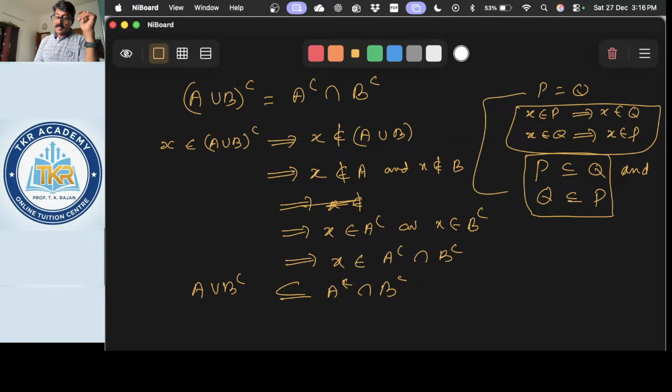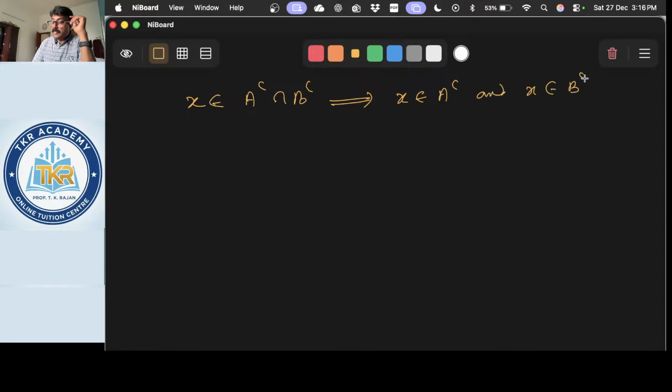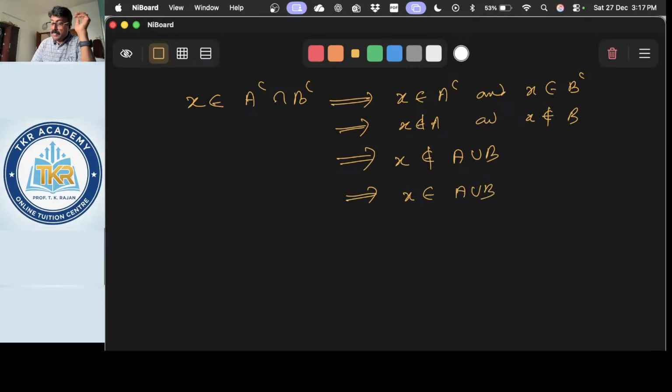You take X in A complement intersection B complement and show that X is in (A union B) complement. Okay. Now let us take X in A complement intersection B complement. This implies X is in A complement and X is in B complement. This implies X is not in A and X is not in B, which implies X is neither in A nor in B. So X is not in A union B, which implies X is in (A union B) complement.